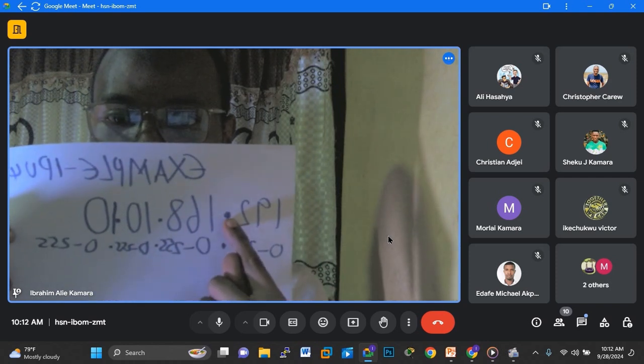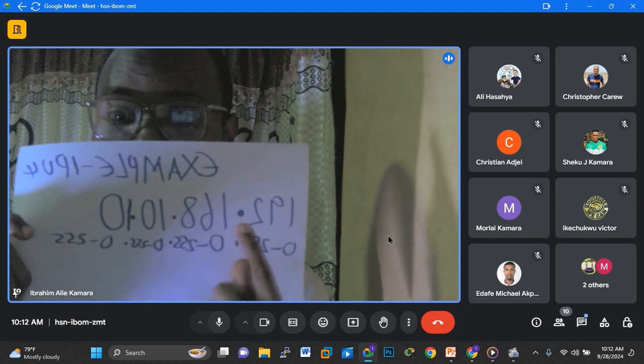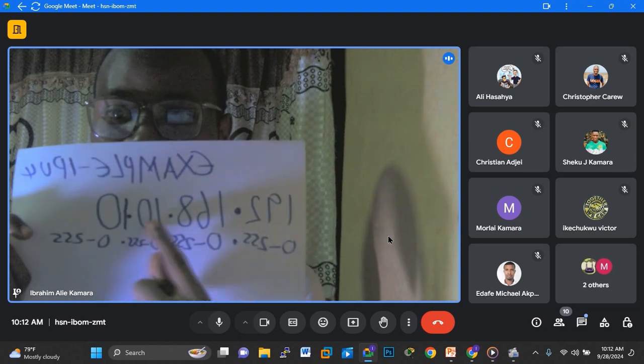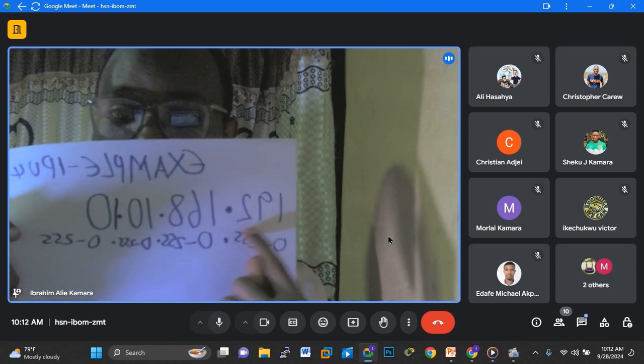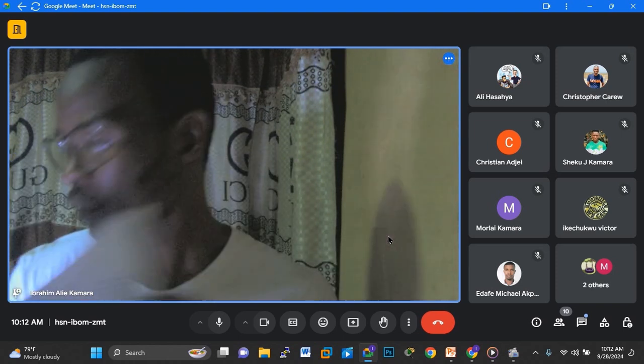You can see this dot here, this dot, and this dot. It's separated by 3 periods, but every digit you are seeing here ranges from 0 to 255.